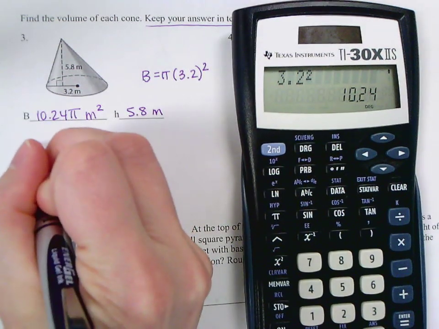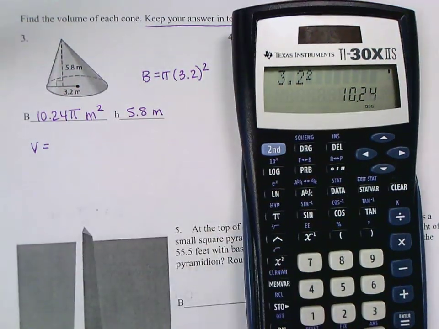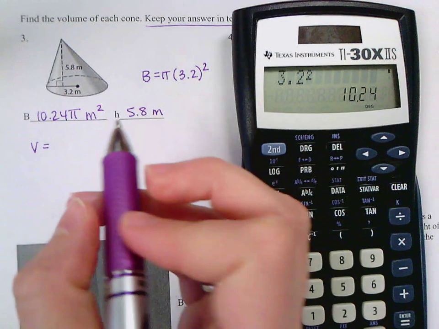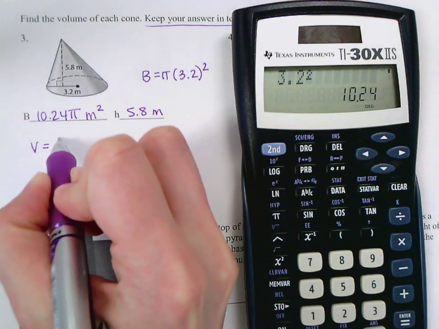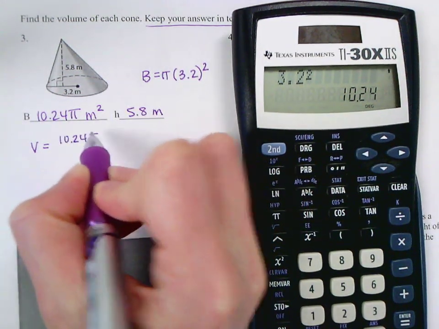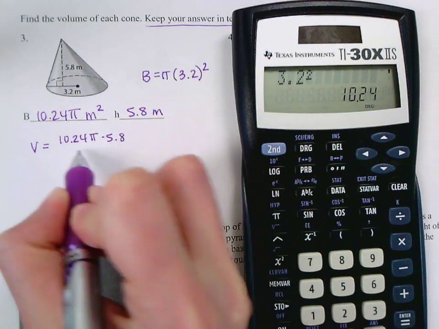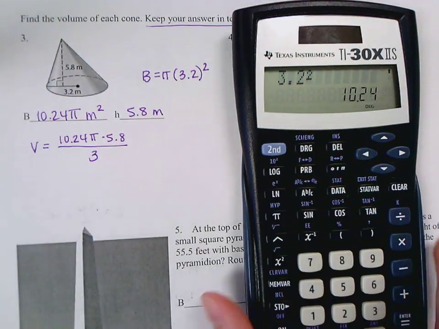So when you're finding the volume, I can do area of the base times height divided by 3. So 10.24 pi times 5.8 divided by 3.